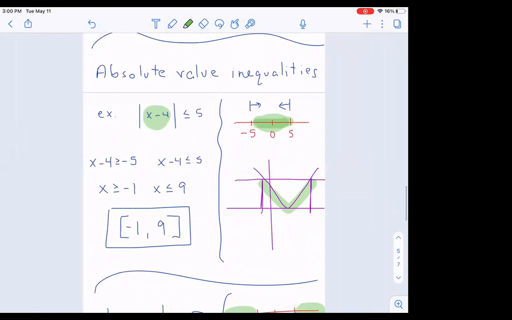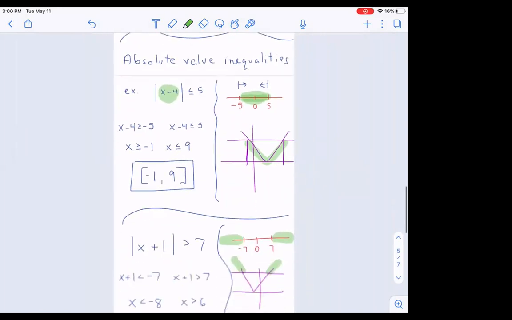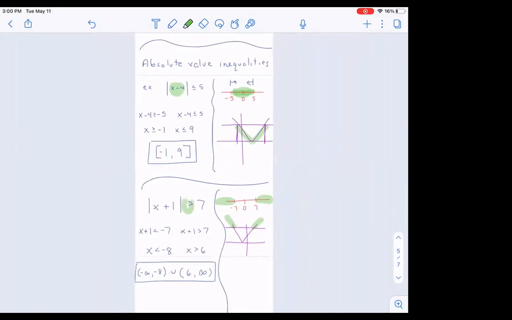As opposed to the second one, where we want a distance more than 7. More than 7 to the right would be here, and more than 7 to the left would be there. You have two areas, so that's where you need a union. Really good questions. Anything else?